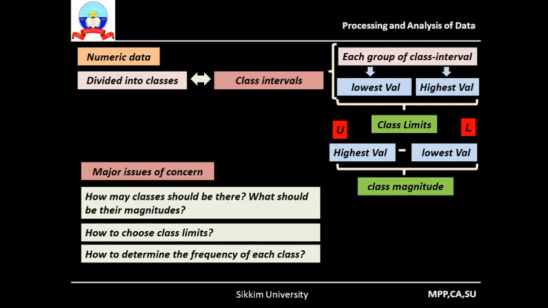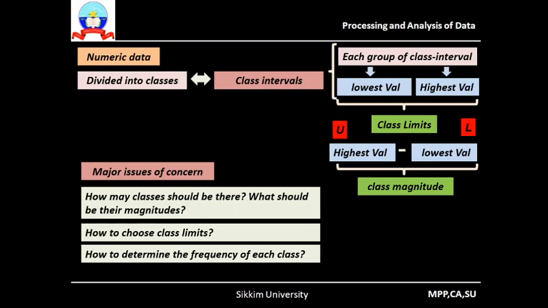Moving forward in this class, we'll try to understand classification based on class interval in greater detail. Classification based on class interval aims at creating identifiable classes from the data points. Here, the data points are divided into classes. These classes are also referred to as class intervals.